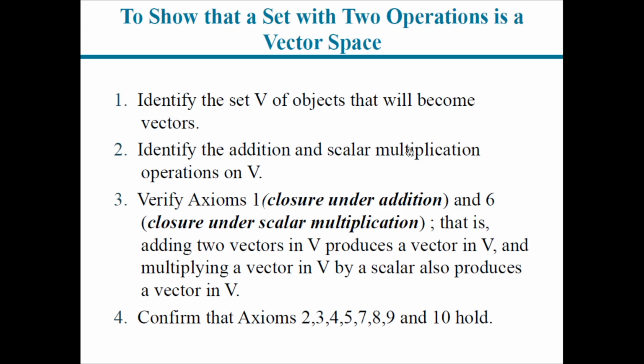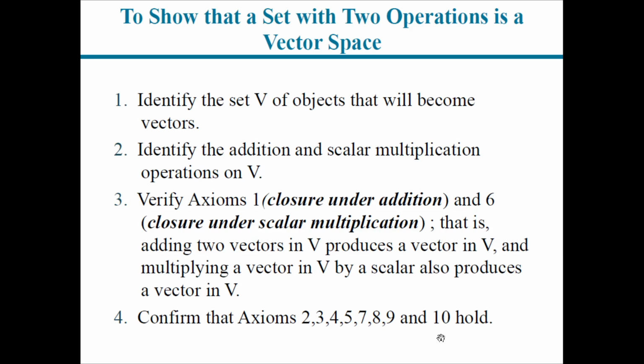And then we verify the addition and multiplication by a scalar, basically closure under addition. When I add two people from the set, do I get the result also in the set? And multiplication by a scalar: if I multiply somebody from the set by a number, is the result also in the set? So those are the two main verifications, and then there are all the rest.